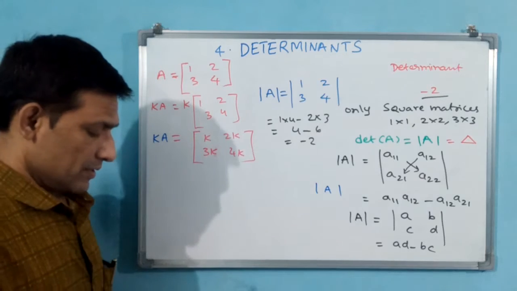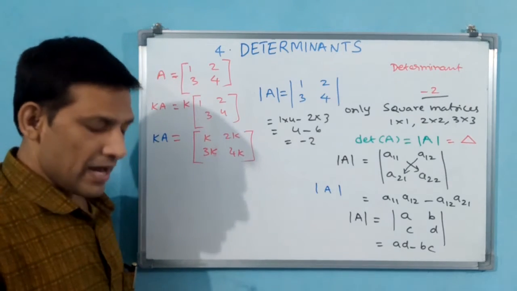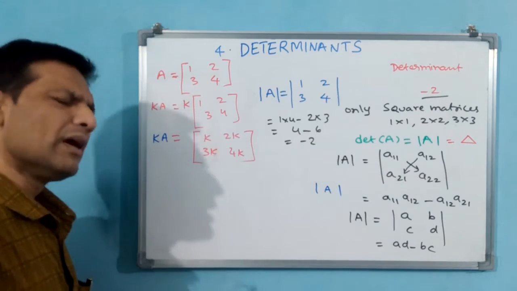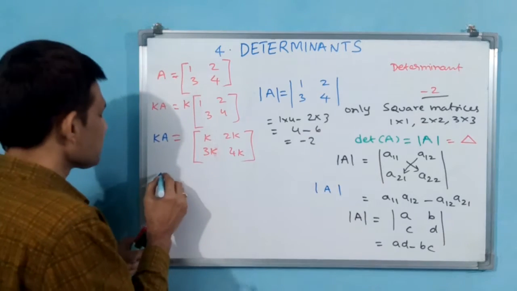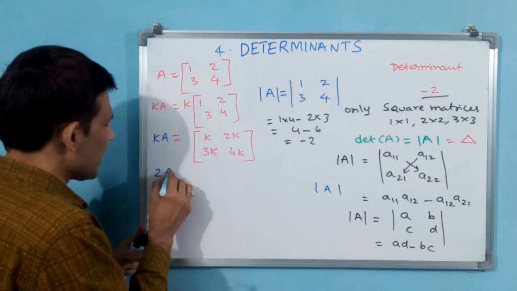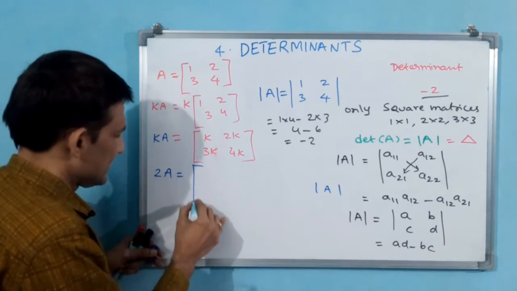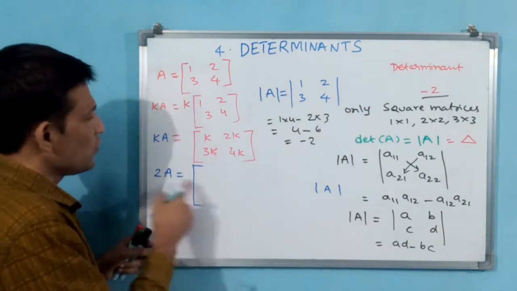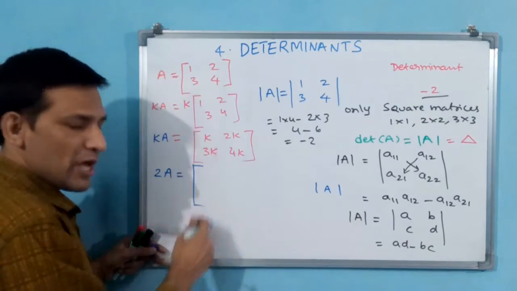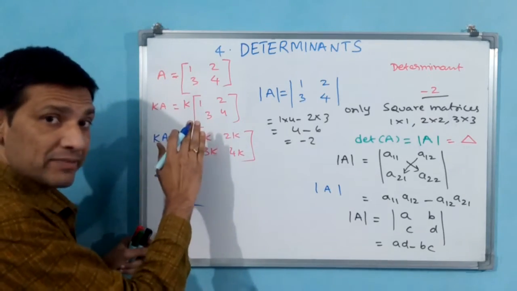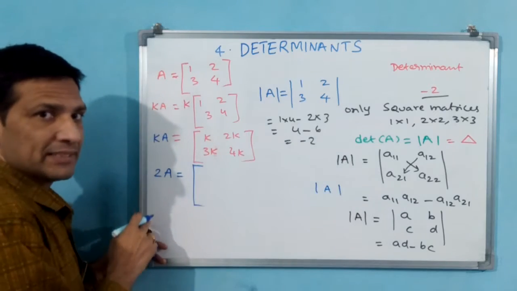Now rather than K, I will keep 2. See here, what about 2A? Because for the same A we are writing the matrix, because for comparison we require a matrix.